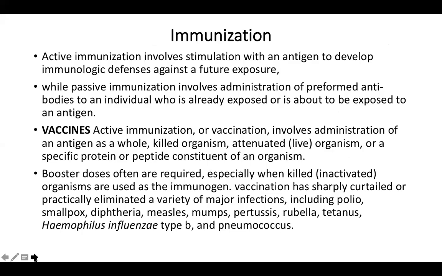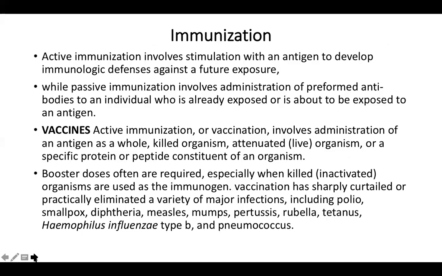You are all very familiar with immunization. There are two types of immunization, active immunization and passive immunization. Active immunization involves the stimulation of an antigen to develop immunologic defense against a future exposure. So what do you give in active immunization? You give an antigen.